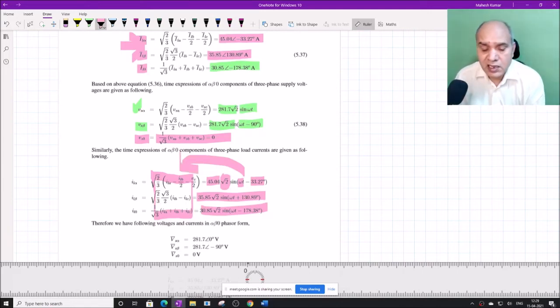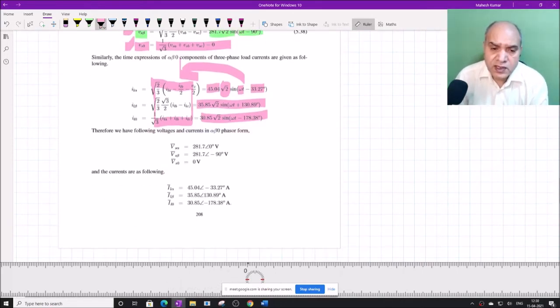However, it is not computed directly from these expressions. So we now know IL alpha, IL beta and IL0. We know VS alpha, VS beta and VS0. Then we can find out the other power components. So these are VS alpha, VS beta, VS0, IL alpha, IL beta, IL0.